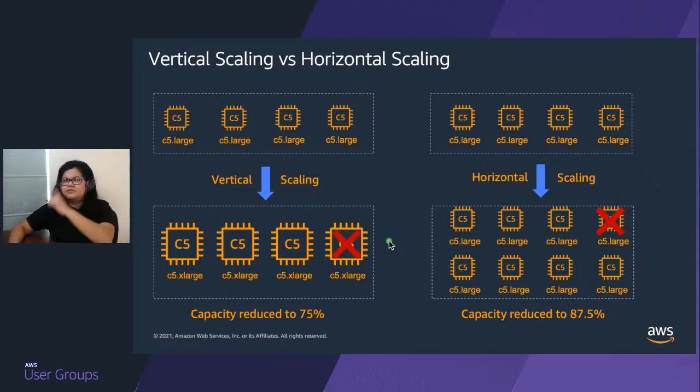But if you think of horizontal scaling instead of vertical, instead of having four C5 dot large instances, you could have 8 C5 dot large. Now, from a cost perspective, the cost of these four and these eight is going to be the same because it's just double and you are just adding one more set of EC2 instances.